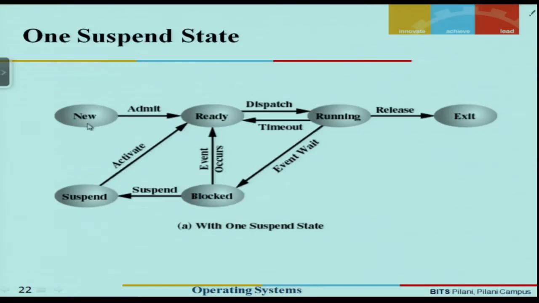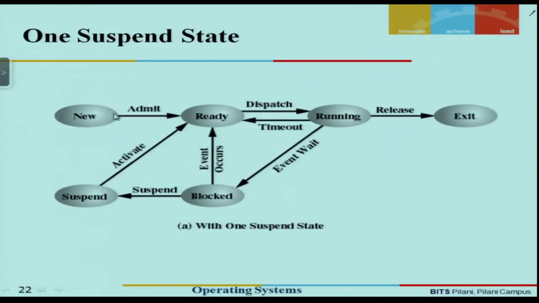The diagram shown here now has 6 states: 1, 2, 3, 4, 5, 6. Let us try to analyze how things would work here.